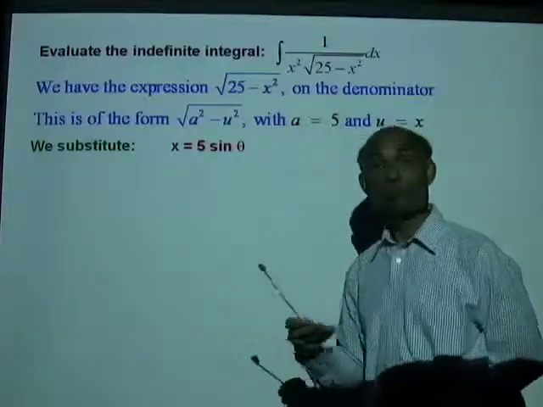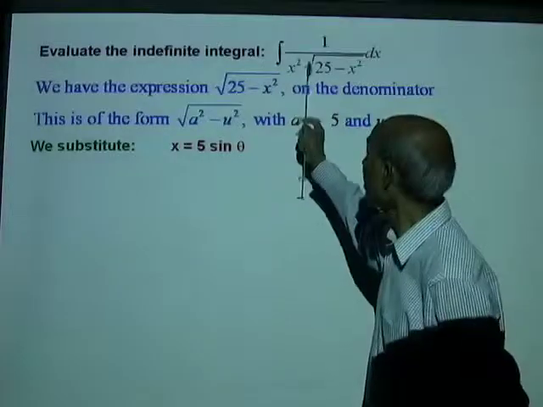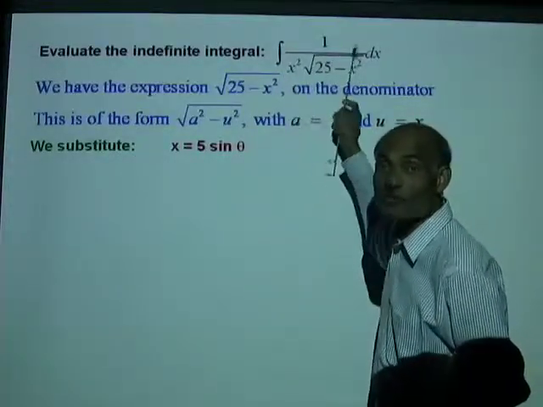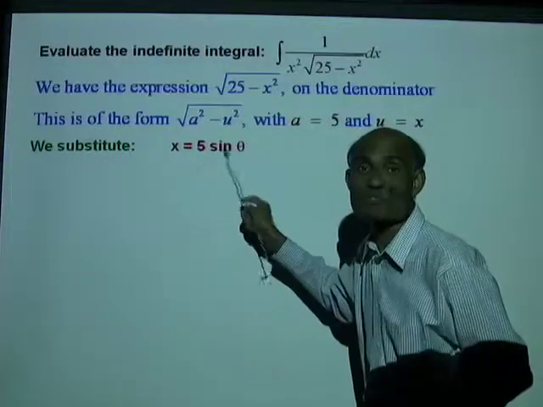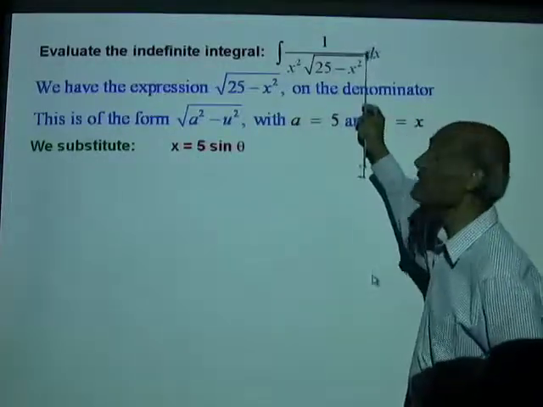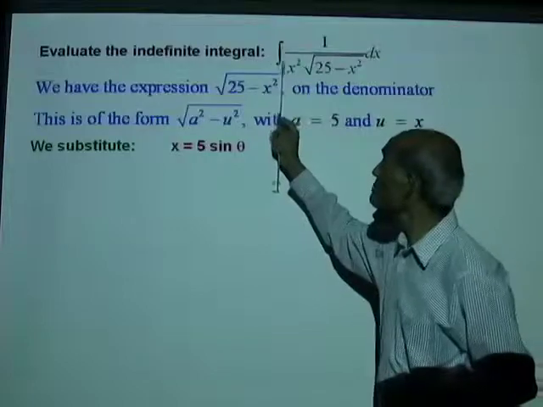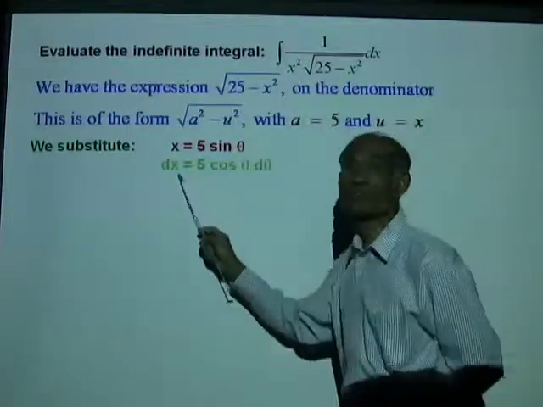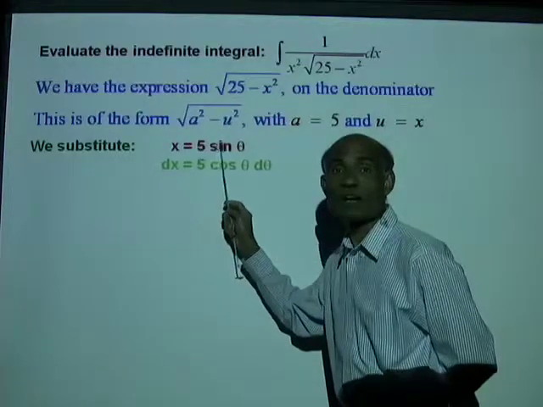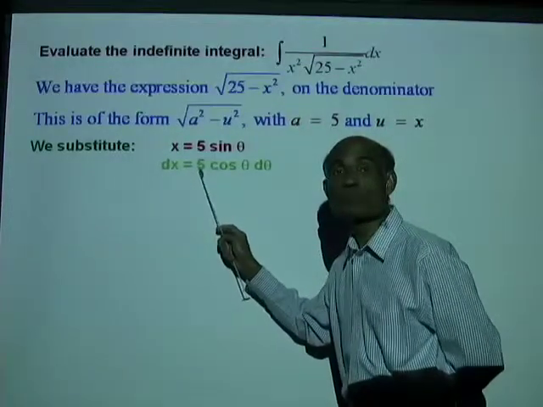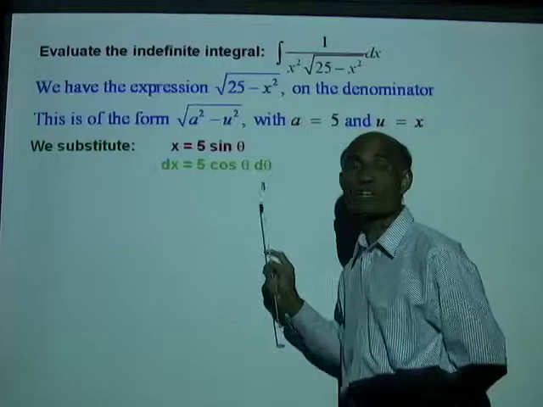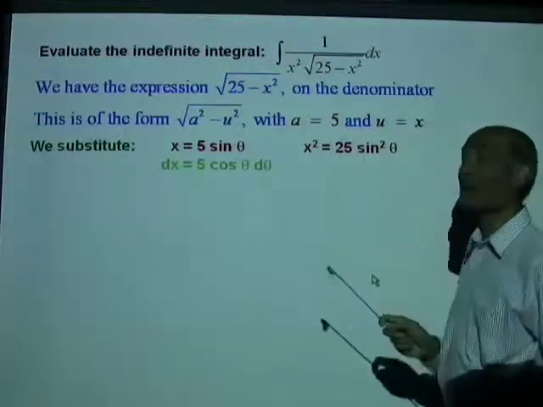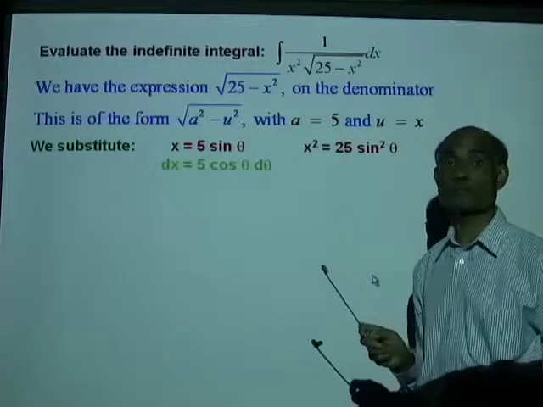Now remember, when you make a substitution of one quantity, every other x must follow this substitution. That means we need to replace the dx, and we also need to replace that x squared. So what is dx equal to? If x equal to 5 sine theta, dx equal to 5 cos theta d theta, and x squared is 25 sine squared theta.